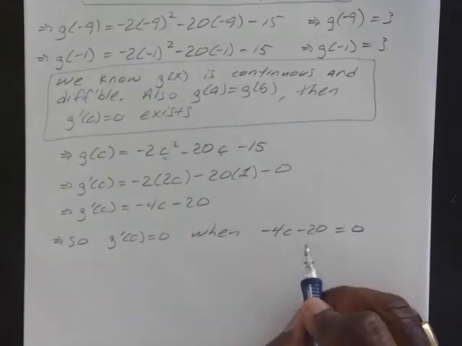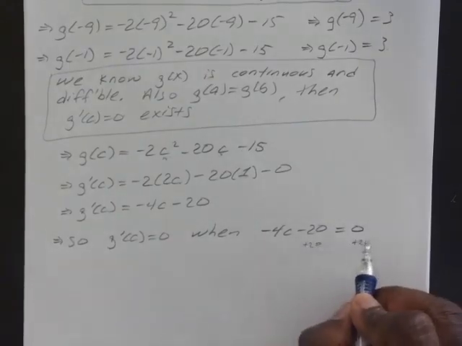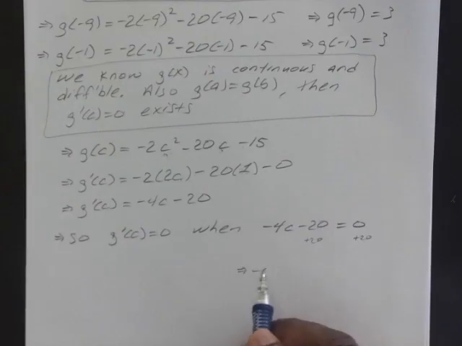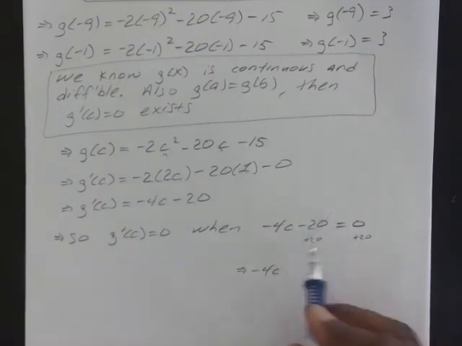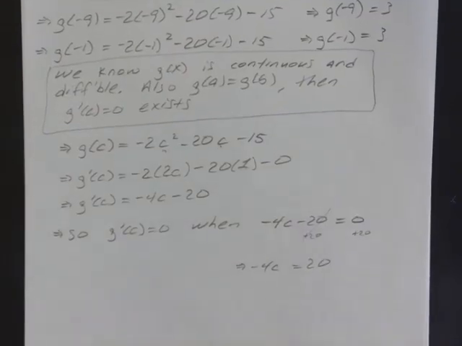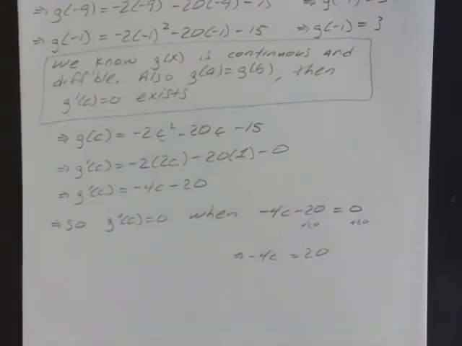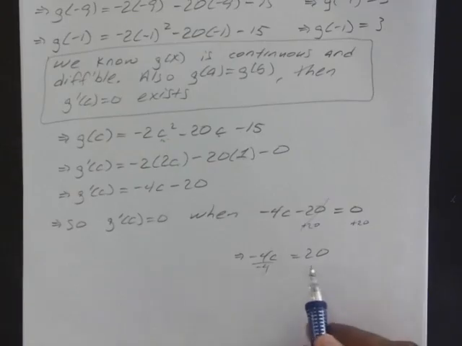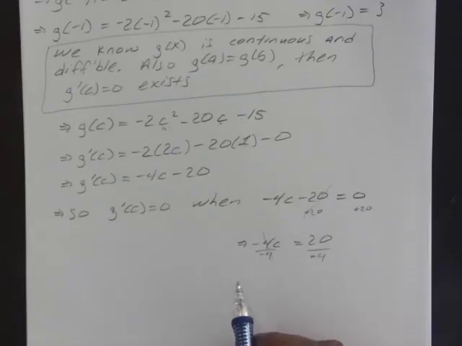So if we add 20 to both sides, we have -4c, those two cancel each other out, is equal to 20. So if we divide both sides by -4, those two cancel each other out.